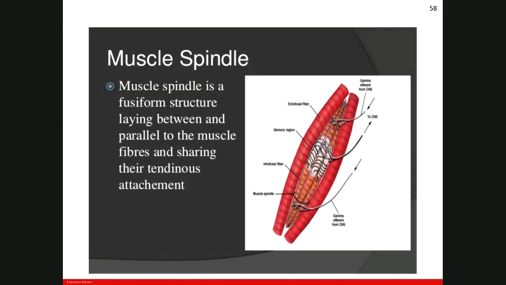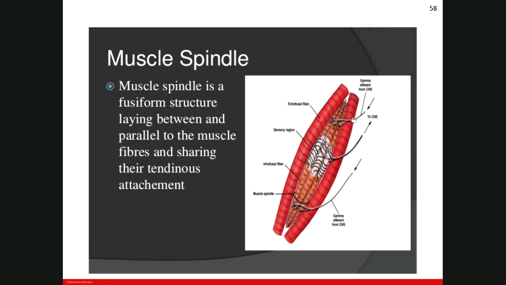In this picture, you can see the muscle spindle. The muscle spindle is a fusiform structure which lies between and parallel to our muscle fibers. And as you see here, they have connections with the nerve fibers.